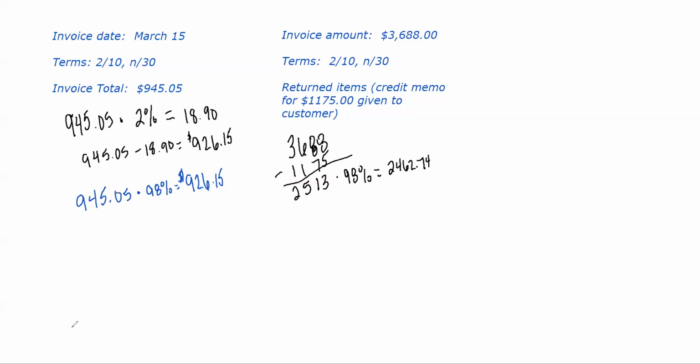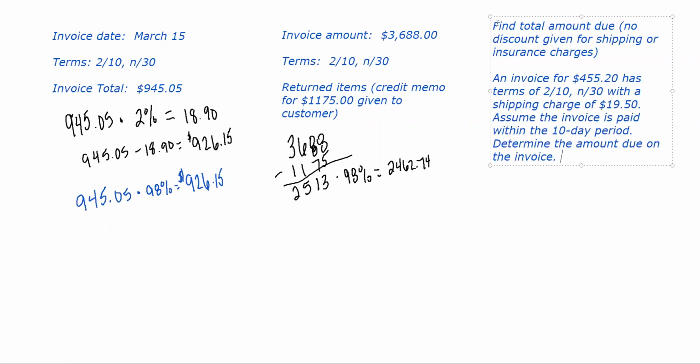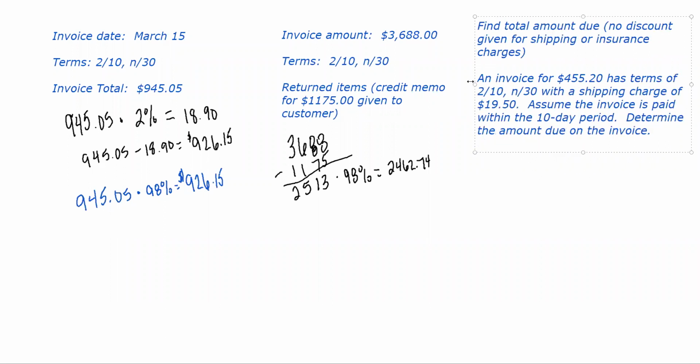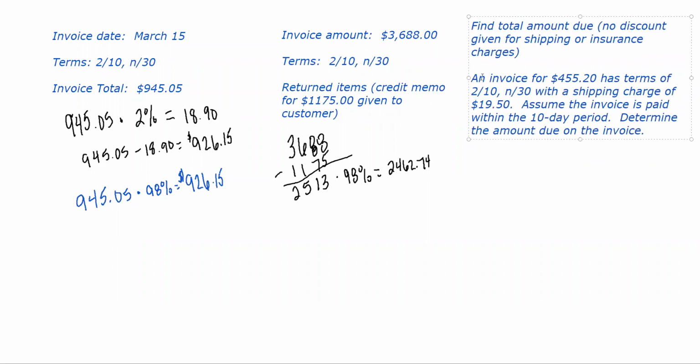So the next thing that could show up is having to find a total amount, because sometimes there's shipping or insurance costs or other things that are added to the invoice. They don't get a discount on those amounts because they're not charged by the person that's selling the item. They're charged by the carrier that is used or the insurance company that is used. So you're going to want to be mindful.